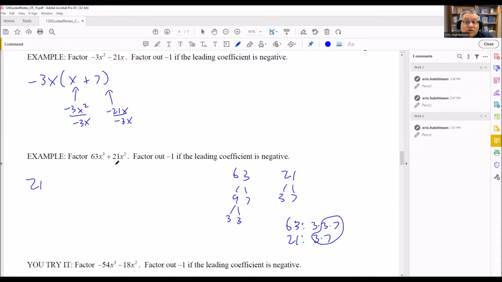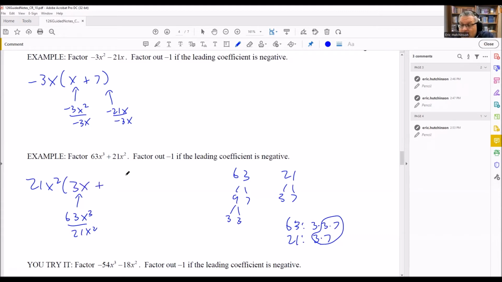Now, also, as I mentioned earlier, you're going to use the lower power of x. So the most I can pull out would be x squared. So that's going to be what I'm going to factor out. That's my GCF. What you're left with inside here is you're going to take 63x cubed divided by 21x squared. So 63 divided by 21 is 3. And then I have a cube and a square there. That's just going to become a 3x.